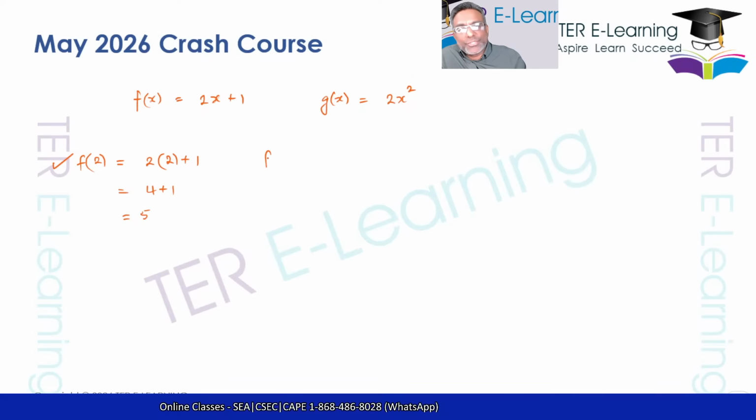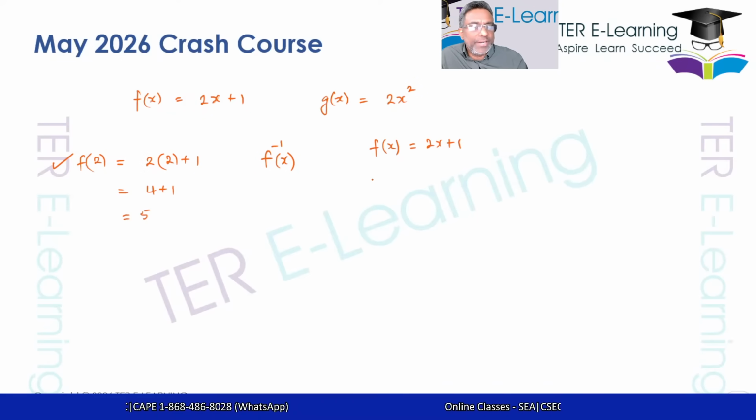CSEC can also ask you to work out what we call the inverse of the function. They want you to find f inverse of x. So if I have a function f of x is equal to 2x plus 1 and I want to find the inverse, the first thing we do, we let y equal 2x plus 1. That's step 1.